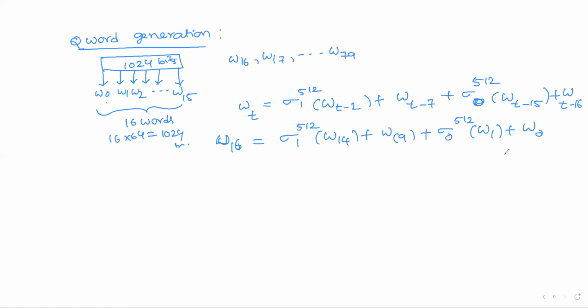So in this, the previously generated words you are using are W0, W1, W9, W14. But here, the unknown thing is, what is that rotation?